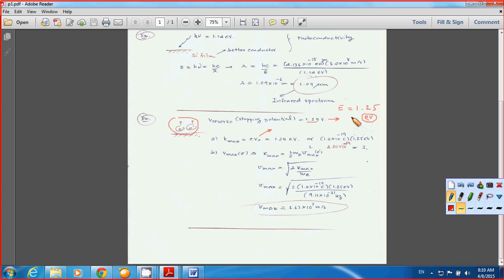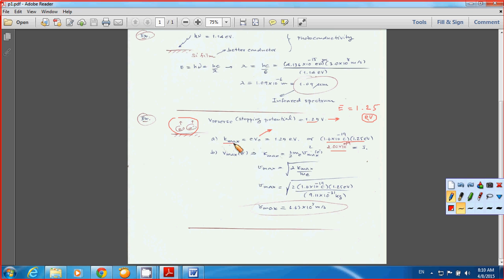In case you want the unit of the energy to be joule, you simply multiply 1.25 by the electron charge, which is 1.6 × 10 to the negative 19, right? And it gives you the unit of joule. See, that's what I have right here, and it ends up to be 2.00 × 10 to the negative 19 joule.